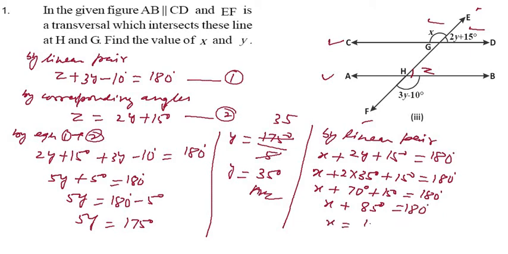So x will be equal to 180 degrees minus 85 degrees. So x will be 10 minus 5, that is 5, and here 17 minus 8, that is 9, 95 degrees, and that one is your answer. So we can find the values of x and y.